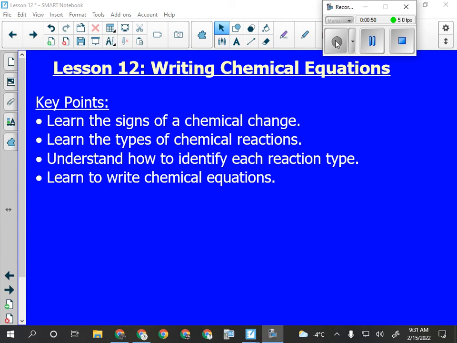Temperature change. Color change. I would say those are the big ones. And the last thing would be a solubility change. That would mean maybe a precipitate gets formed because something formed in the reaction is no longer soluble. All right, so those would be the signs of a chemical change.